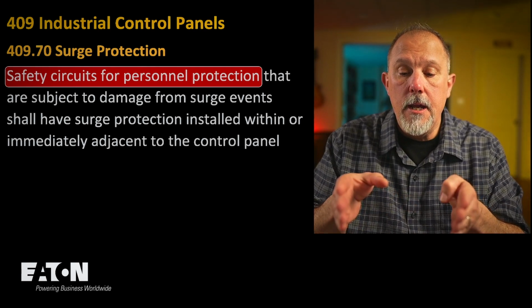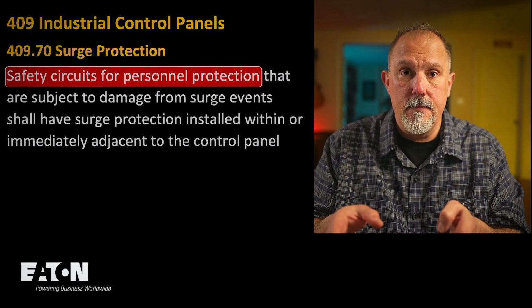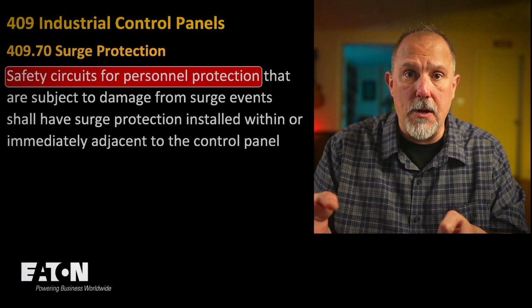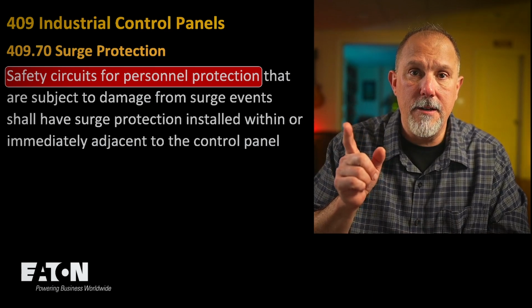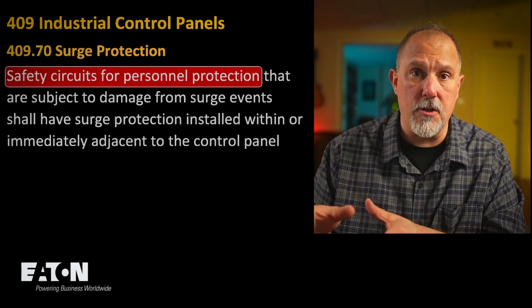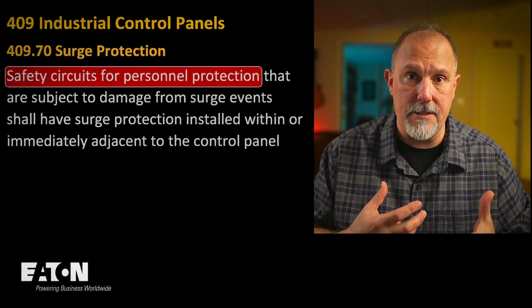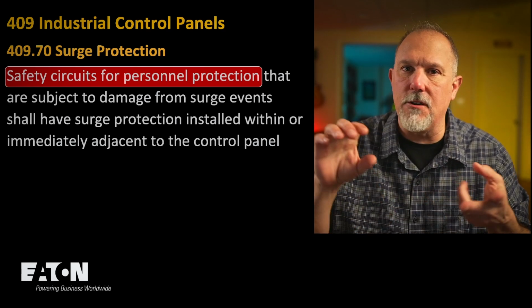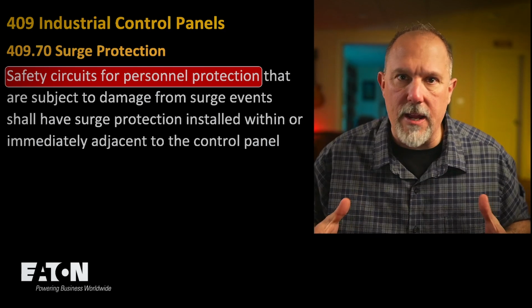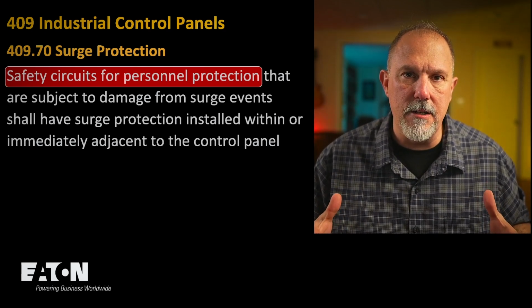The indication of whether a piece of equipment or a process is on or off will be dependent upon that industrial control panel if you have indicating lights.